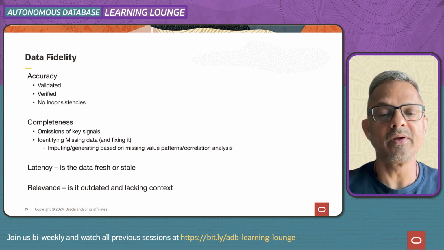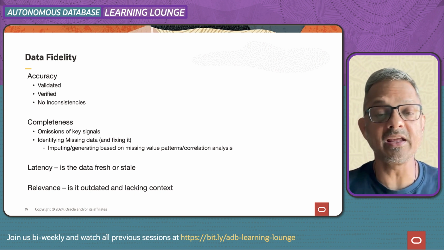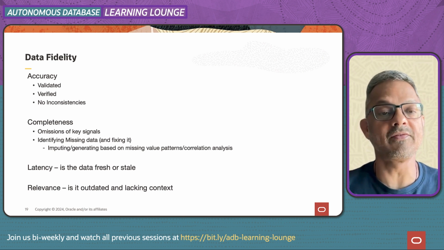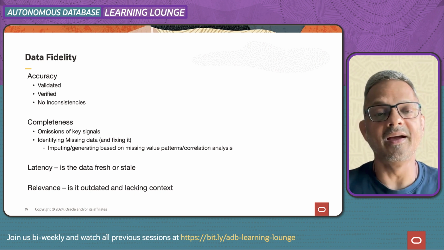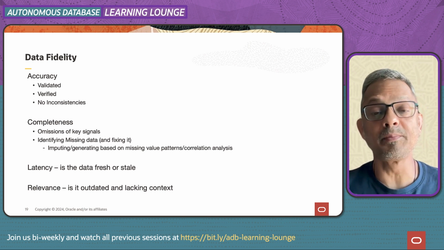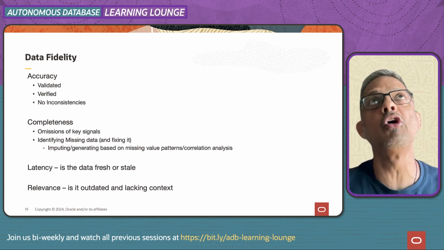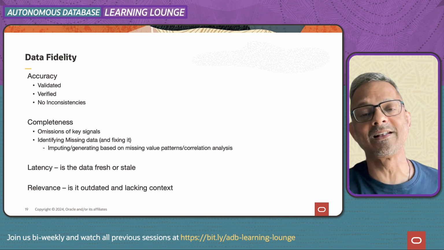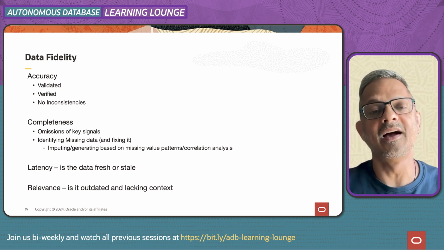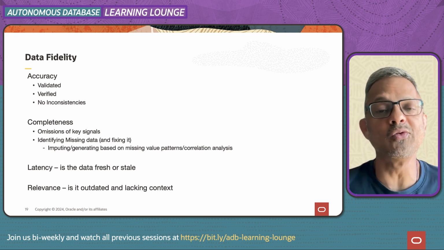Completeness, right? Incomplete data is frustrating, whether you're using it in ML apps or for analytics, because if key signals are omitted, they provide an incomplete picture of your business. And more importantly, even if you know key signals are missing from your data, the real question is what do you do about it, right?